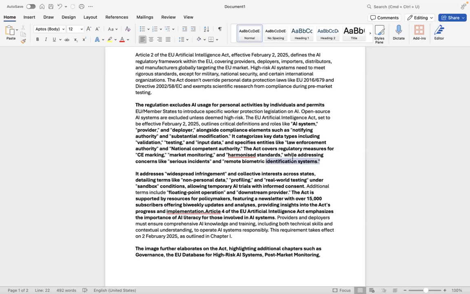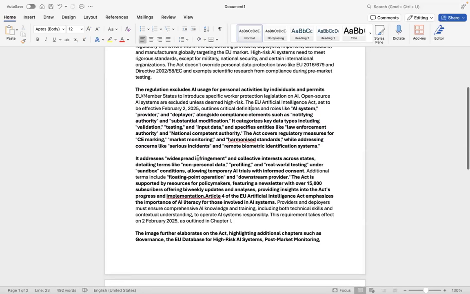So these are the definitions that were there in the third article, which was on definitions, right? It addresses widespread infringement and collective interest across states, detailing terms like non-personal data, profiling, and real-world testing. These were all the terms that were there in the article.